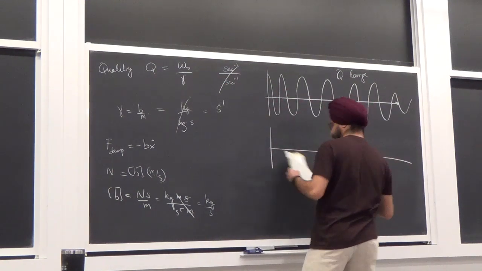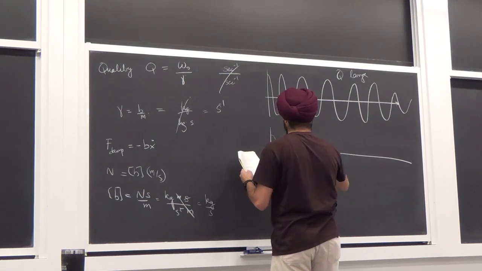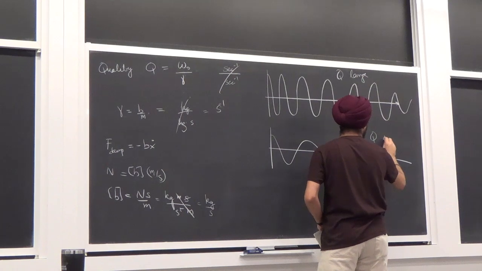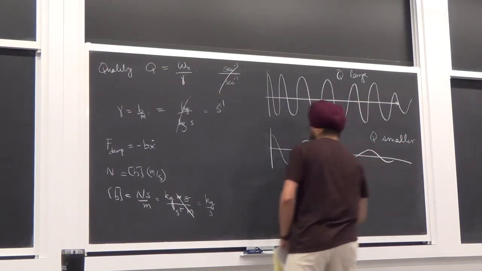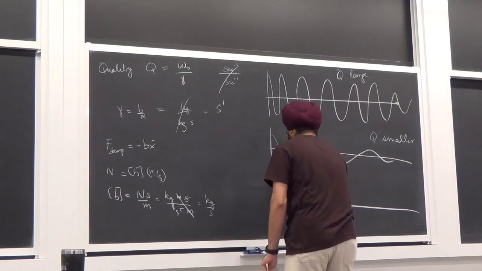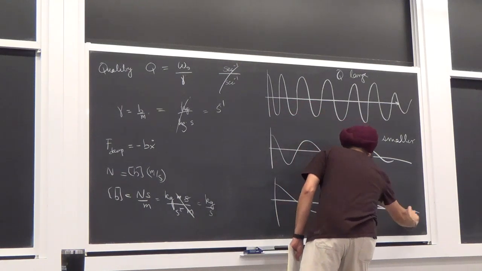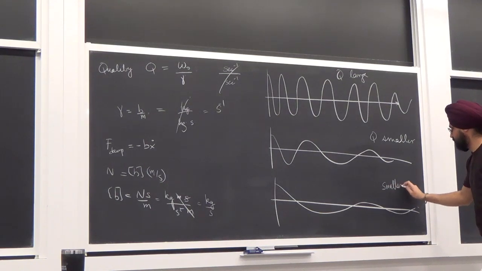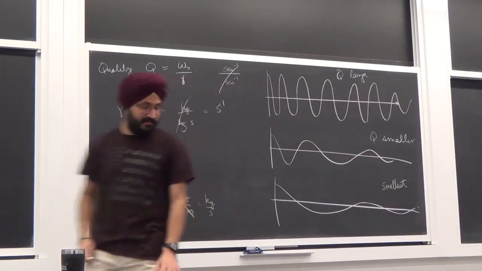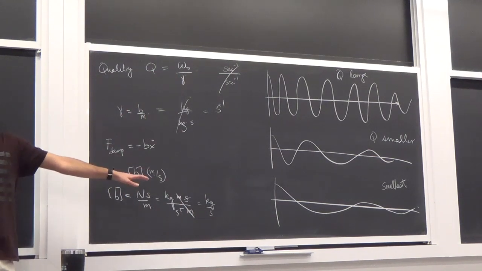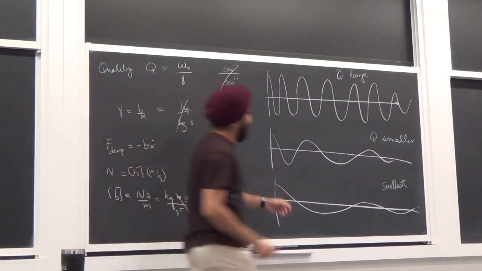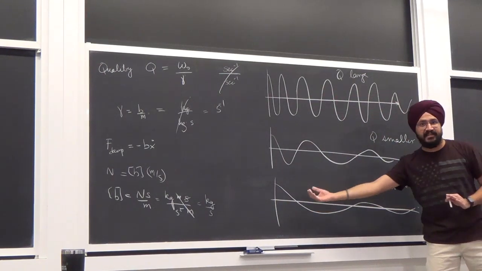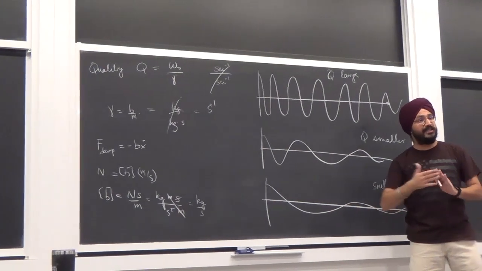If I have something like this, this is Q smaller than that, and for a very small Q, small, smaller, smallest. But what I want to emphasize with this graph is the fact that as Q is decreasing, the time period of oscillations also increases.